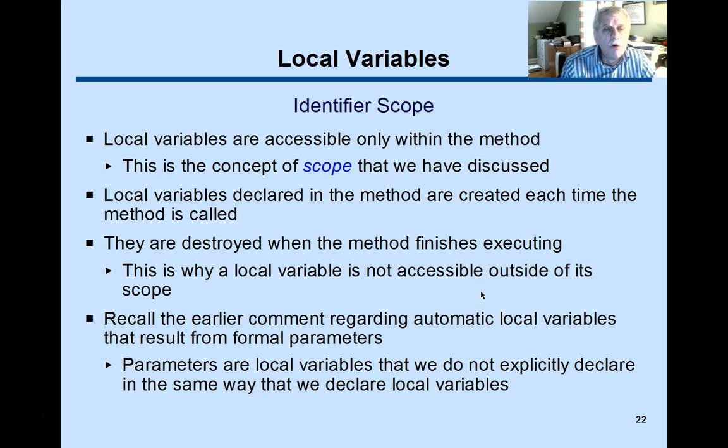We've talked about scope in earlier videos, but the point now becomes hopefully very clear. Why does it make sense then that if an identifier is local to a block of code, that I cannot refer to that identifier outside of that local block? We explain that by saying it resides within a local block. That's its scope. That's where valid reference can be made. But now we get a little bit better idea.